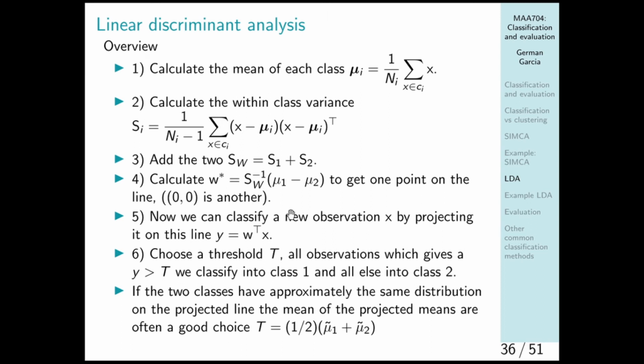Now we can classify a new observation x by projecting onto this line. Here we get a vector, we put it there. The way we classify a new observation is by choosing a threshold t, and all observations that give a value of y greater than t, we classify into class 1, and all the others we classify into class 2.